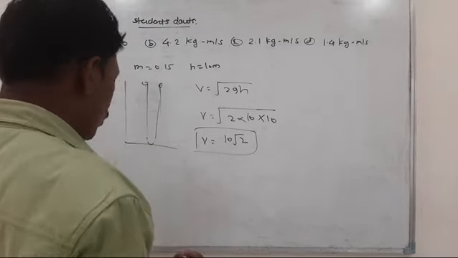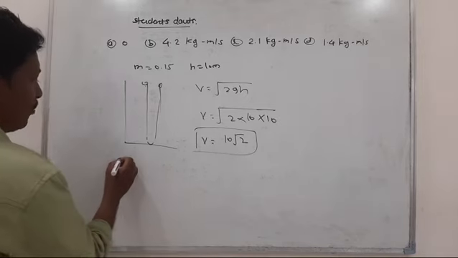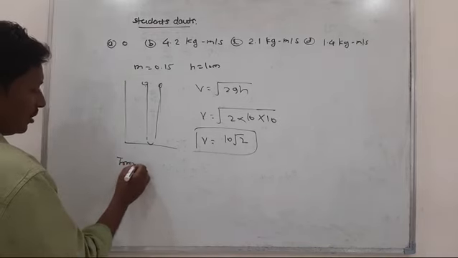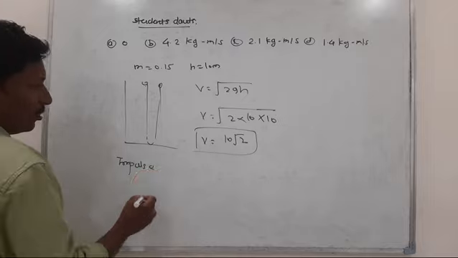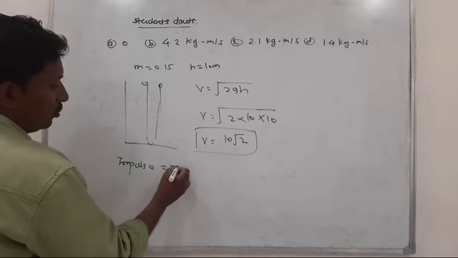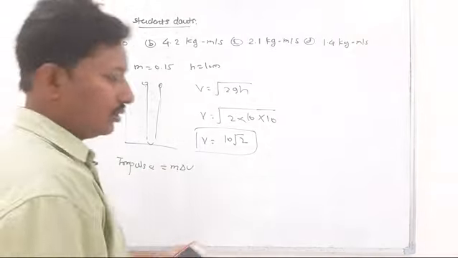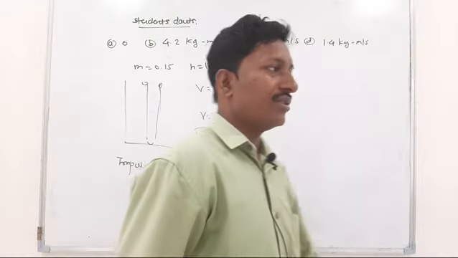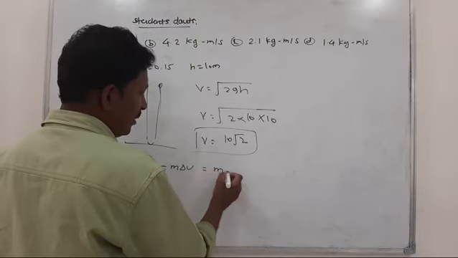Okay, to find the impulse, student, what is the formula of impulse? Impulse is equal to mass into change in velocity, right, that is m into change in velocity.